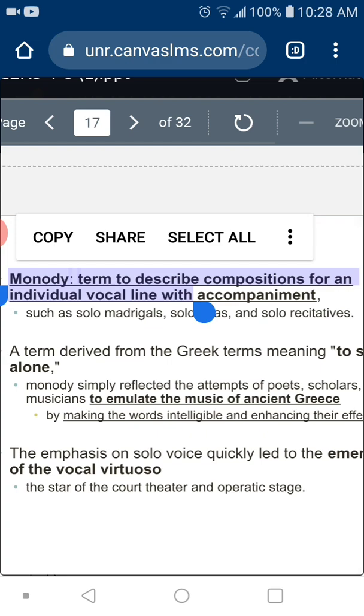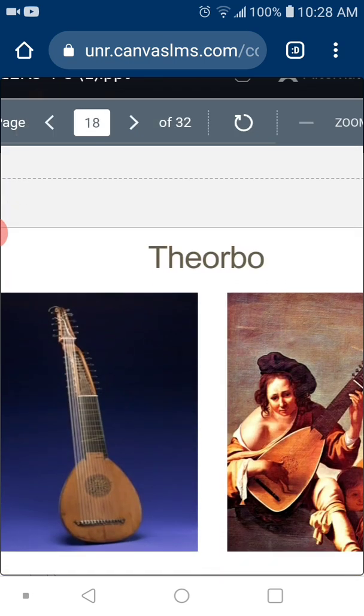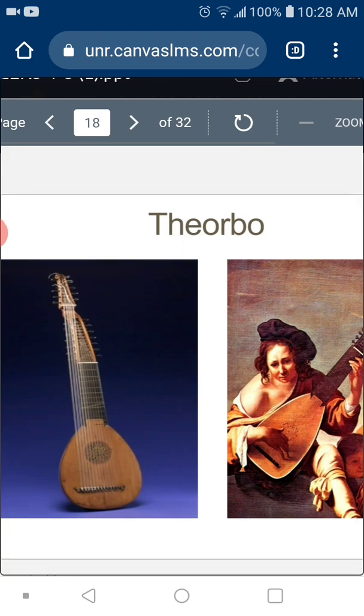But what you have to know is that polyphony is the opposite of monody, because in monody you have one melody. In polyphony, you have different melodies at the same time. That's just one example. These are just some pictures of the theorbo, which is a typical instrument that they used at that time.